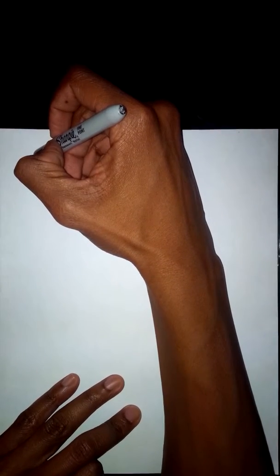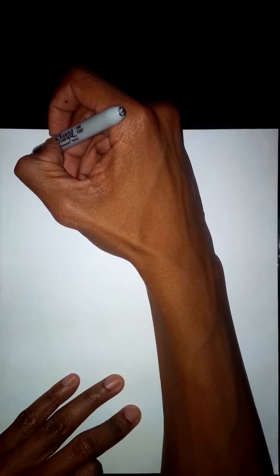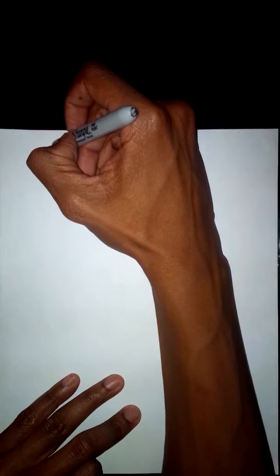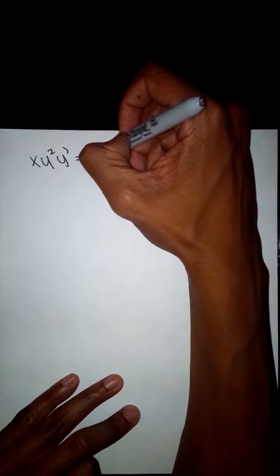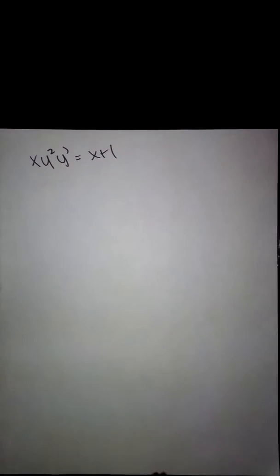If I can get some scratch paper. Okay. Now the first example I have is a pretty simple one, let me make sure the camera's centered. We have x times y squared times y prime is equal to x plus 1.